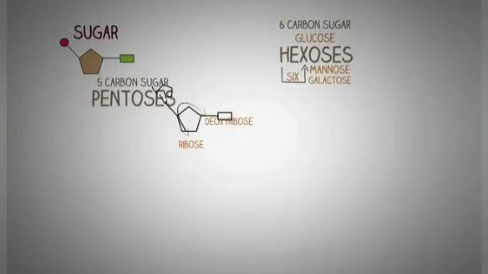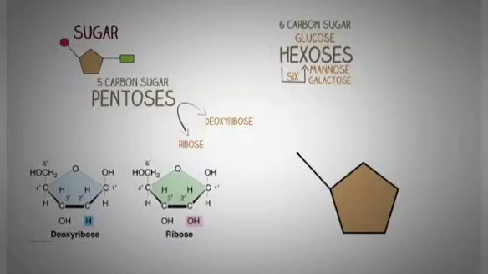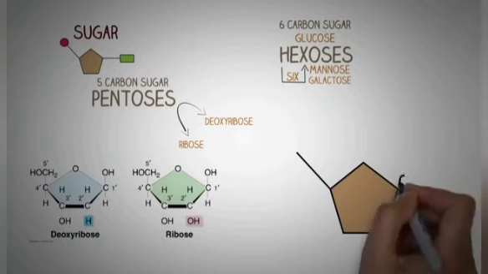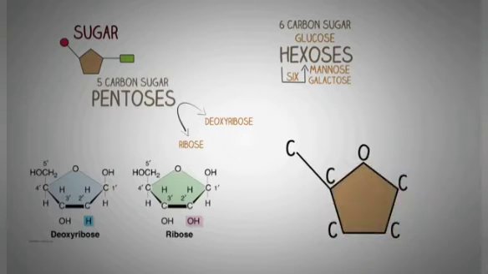Now this is a simplified structure of the sugar present inside the nucleotide. If we compare this structure with the chemical structure of ribose and deoxyribose on the right, you can see the structure clearly. We have carbon atoms on each of these corners. Note that the last carbon atom is located outside the ring. We have an oxygen atom at the center topmost position.